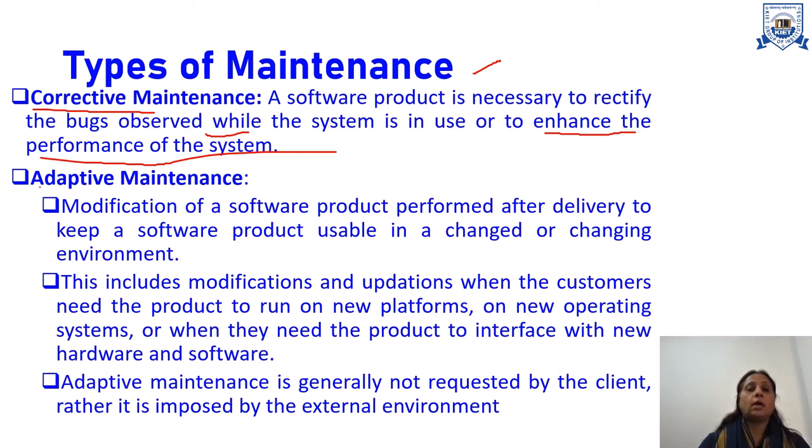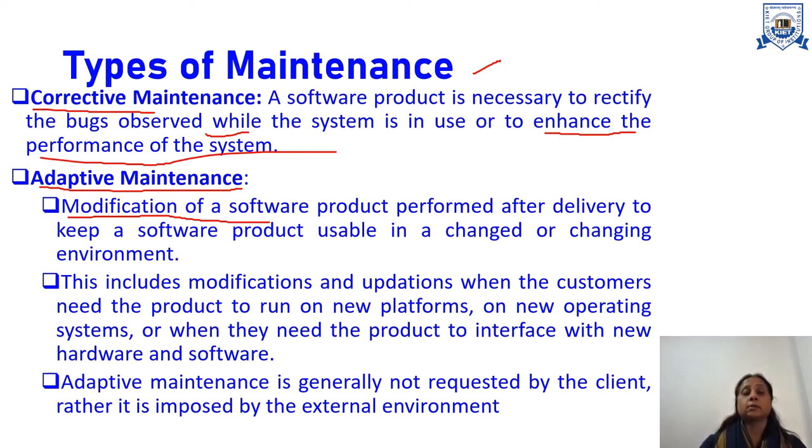Second one is adaptive maintenance. What is adaptive maintenance? In adaptive maintenance, if we do any modification in the software so that it can work in different environments, that comes under adaptive maintenance. For example, I have developed one app that works for Android, and I want that app to work on iOS also.